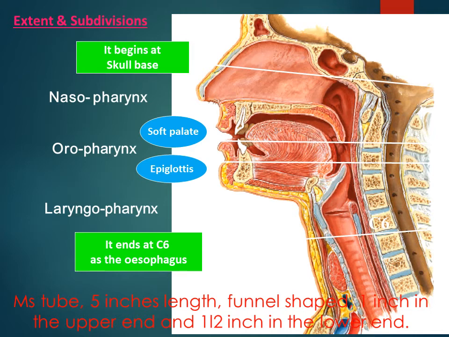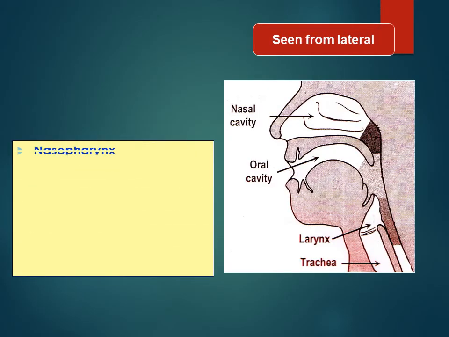At the laryngeal surface of the epiglottis starts the hypopharynx, and above it is the oropharynx. Naso, oro, hypo.